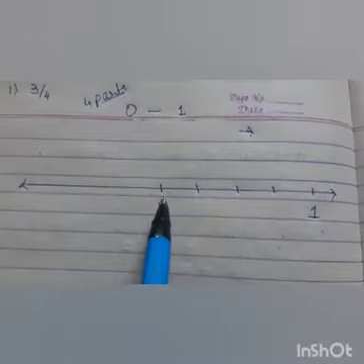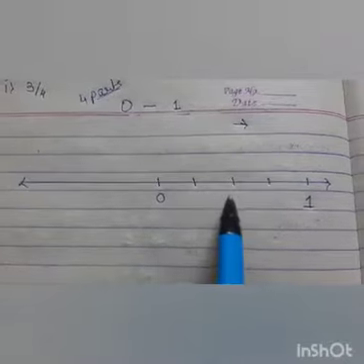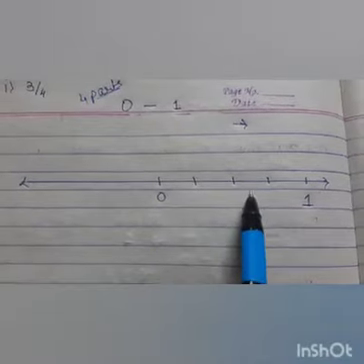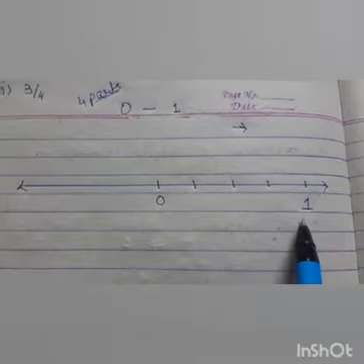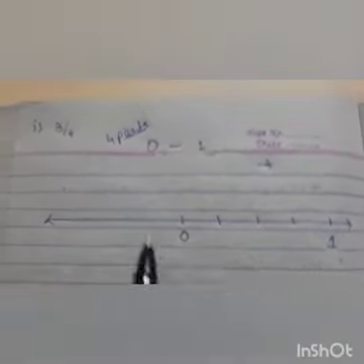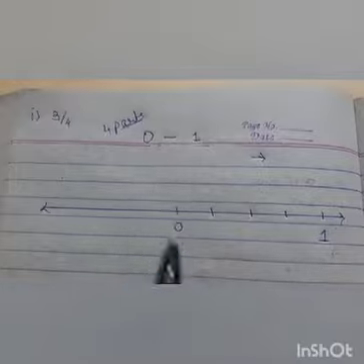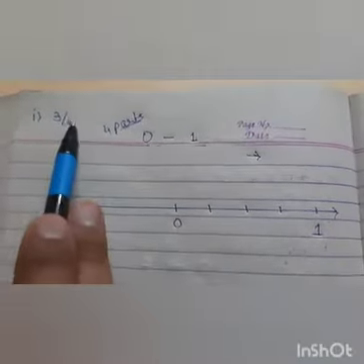Now see, this is your first part, this is your second part, this is your third part, and this is your fourth part. So 1 will come here. Now it will lie between 0 to 1. See, between 0 to 1.